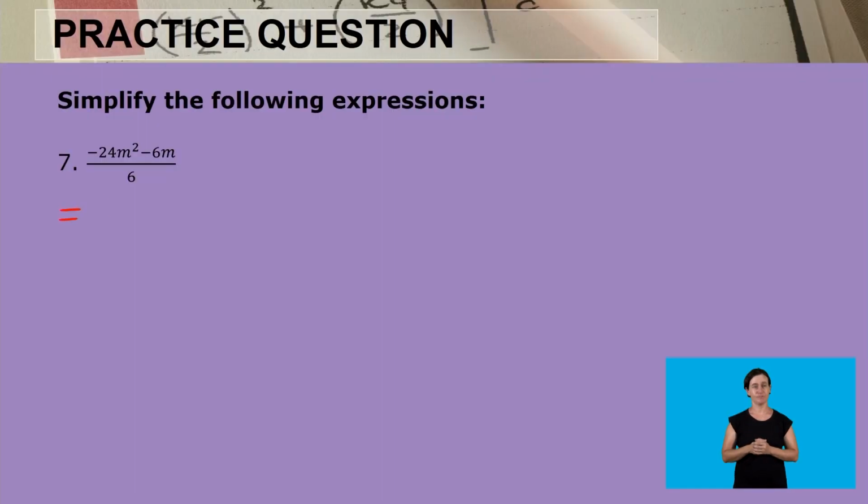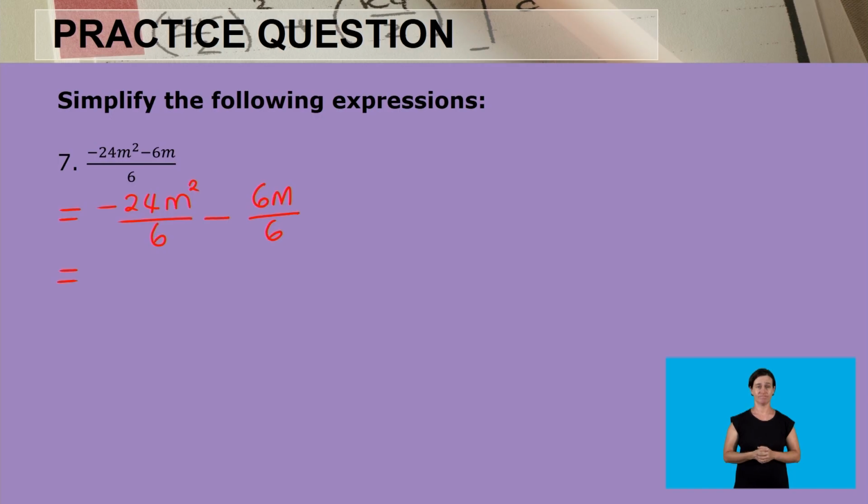So here we have a 24m squared minus 6m, and these are both divided by 6. So we are going to say that negative 24m squared is going to divide by the 6, minus 6m, and that is going to divide by the 6. What is our answer going to be?